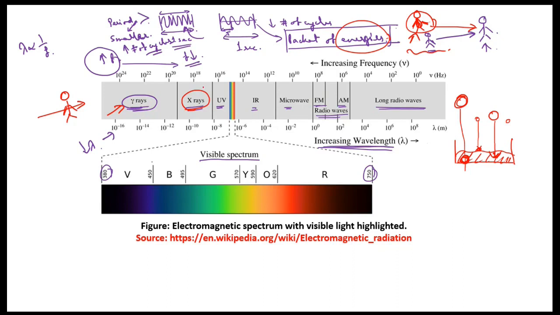And this property of the gamma rays and the X-rays to pass through your body, why are they passing through? They are passing through because they have high energy, and because of that they are carrying a lot of energy. They can overcome some of the friction exerted by our human body, and some gamma photons or X-ray photons will reach the other side.